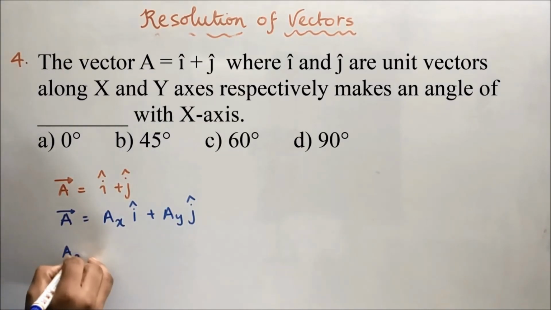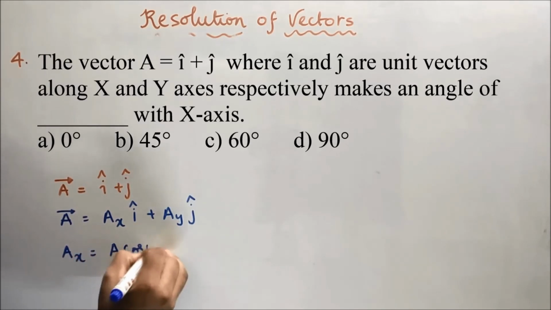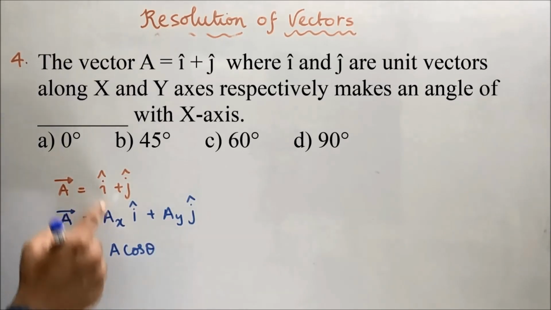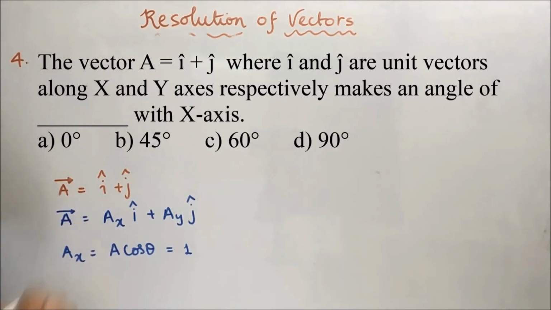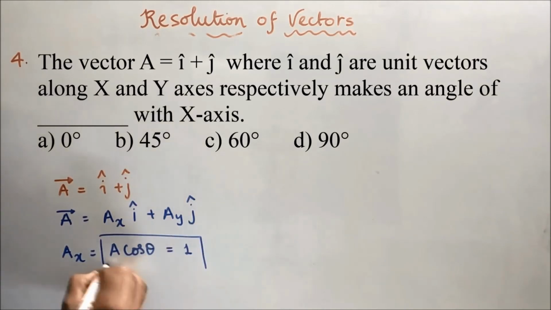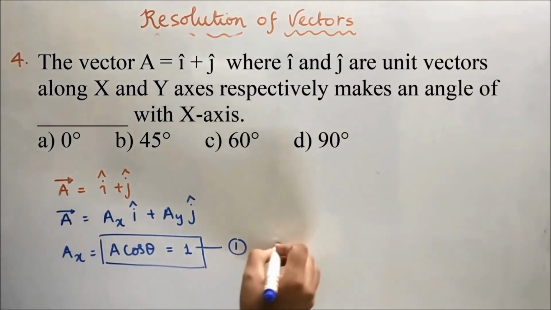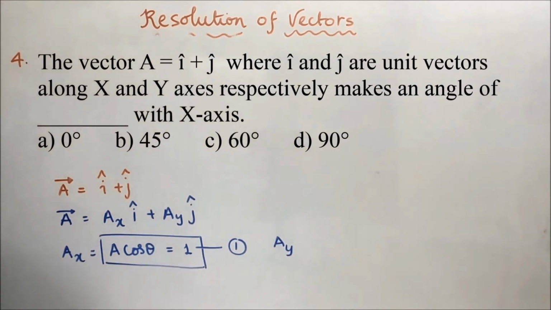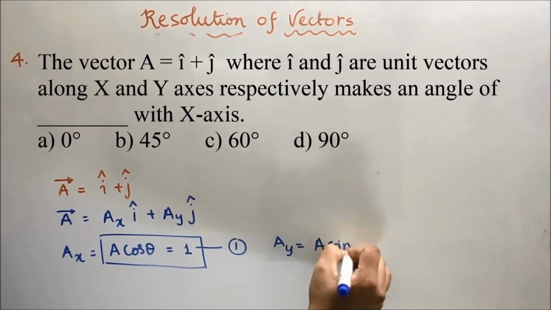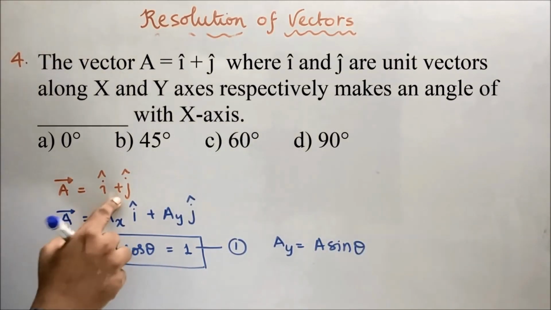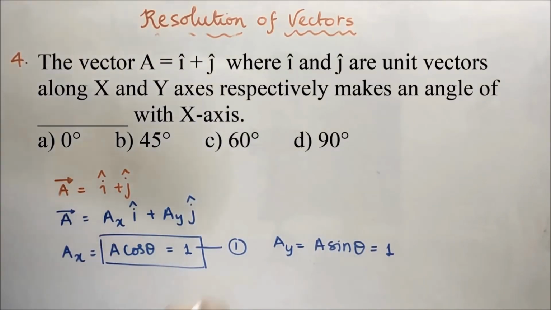So what is AX? AX is equal to A times of cos theta. And if you compare this, how much is that? 1. So keep this as equation number 1. Similarly, AY, you can write it as A sin theta, and according to the question, this is also equal to 1.